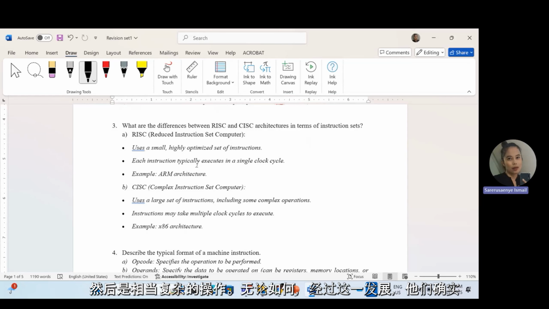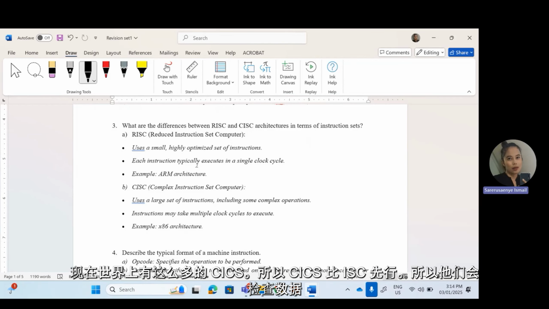After this development, there came another architecture, RISC, which is a bit smaller, where each instruction is broken into small portions. I believe this is what current computer architectures use in the world right now.